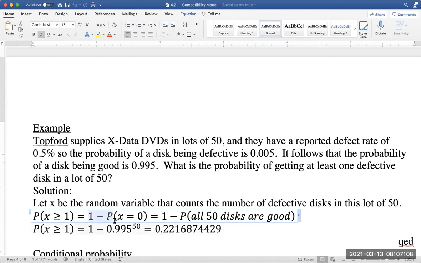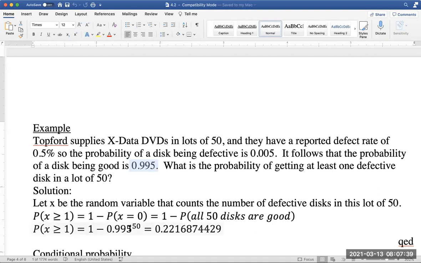So it's 1 minus the probability of getting less than 1, getting 0, meaning that we're counting the number of defective disks. If X is 0, that means there are no defective disks, meaning that all the disks are good. So 1 minus, and these are independent events, the probability of a disk being good, non-defective, is 0.995.